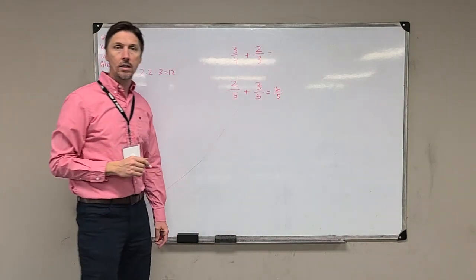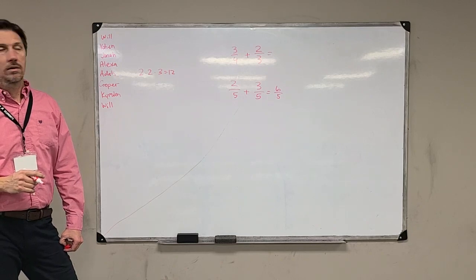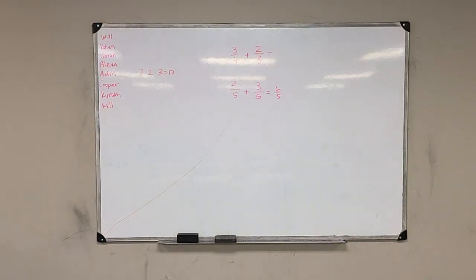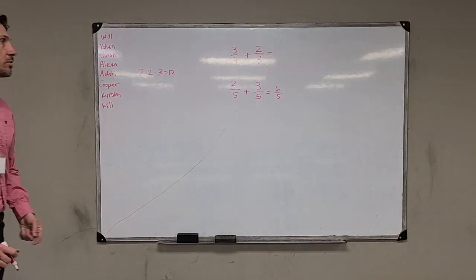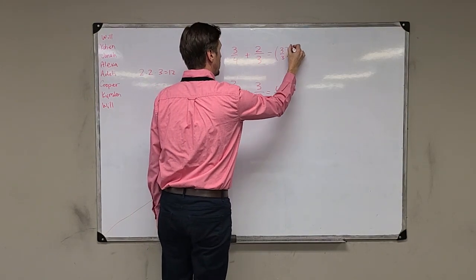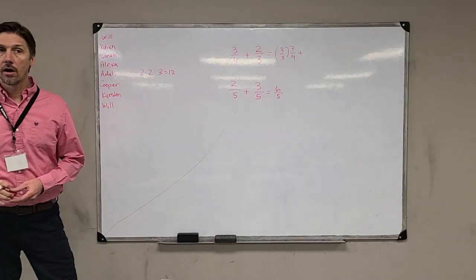How do I change 3/4 to have a denominator of 12? Multiply top and bottom by 3, so 3 times 3. And how do I change 2/3 to have a denominator of 12?